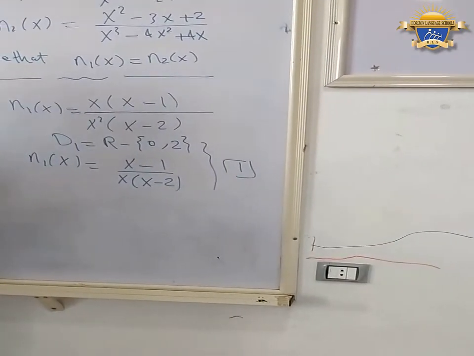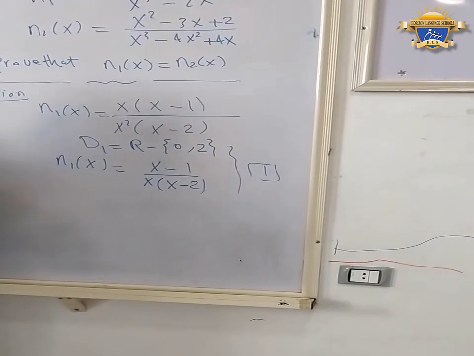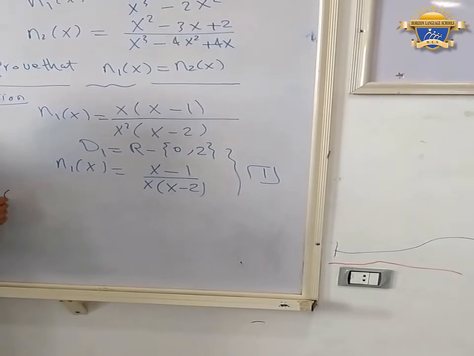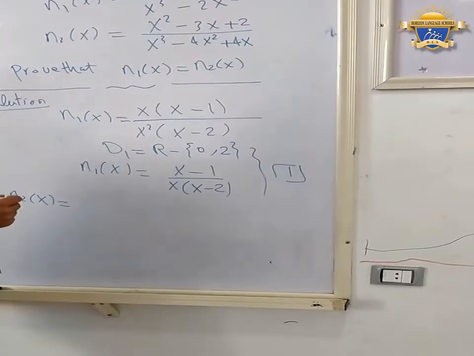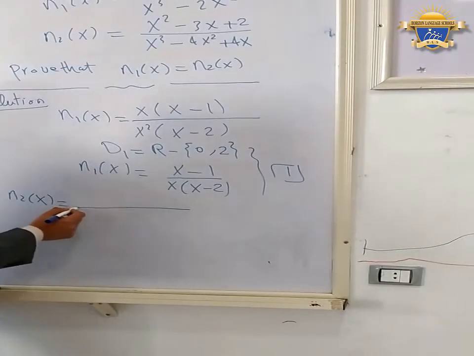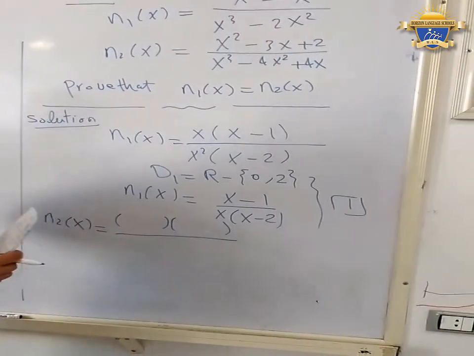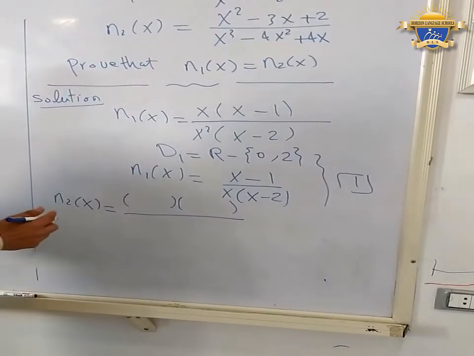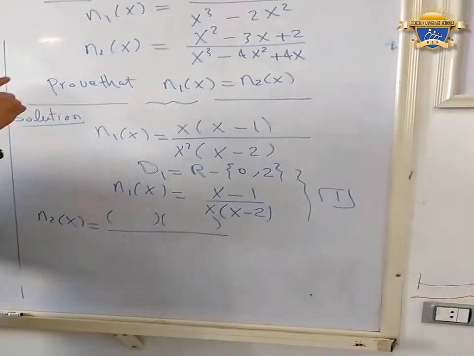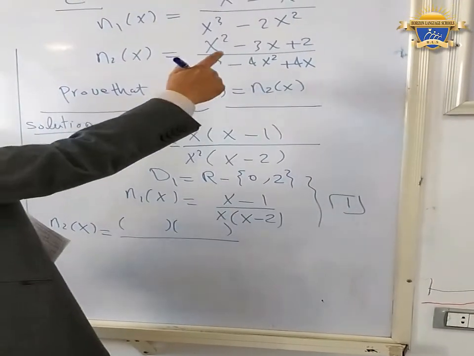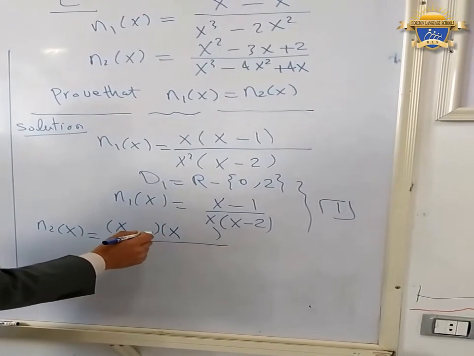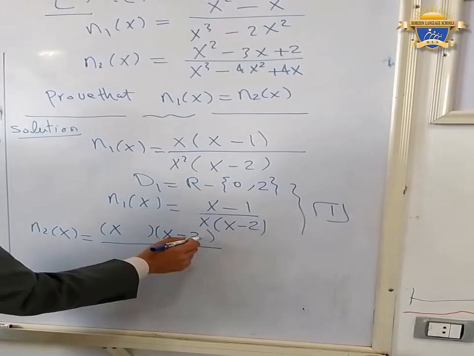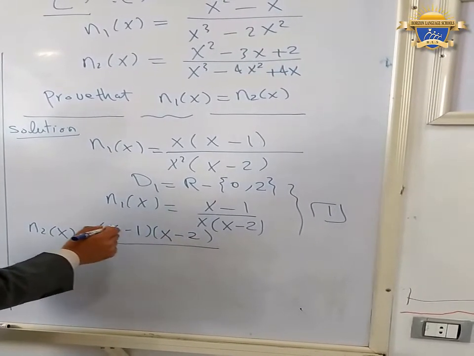The same steps are taken on the second fraction. We factorize the numerator, x minus 2 times x minus 1.